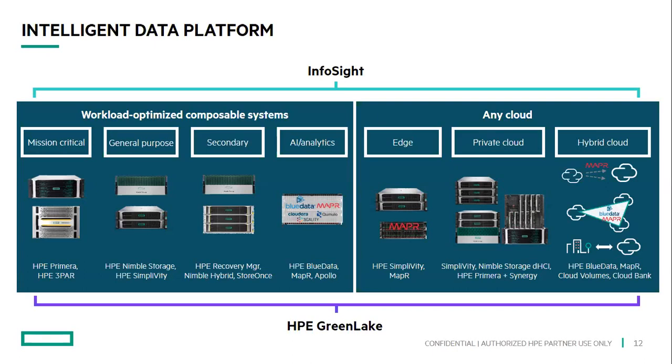So we need an architecture that can meet that requirement. If we want to increase the compute resources or the storage resources, we can do it independently. To achieve that, we have dHCI, disaggregated hyperconverged infrastructure.